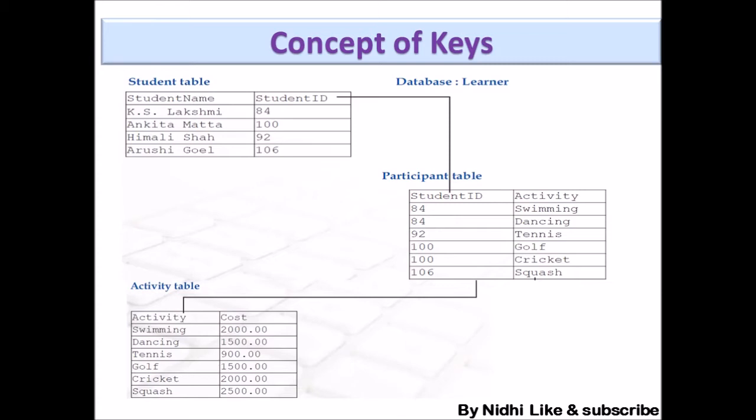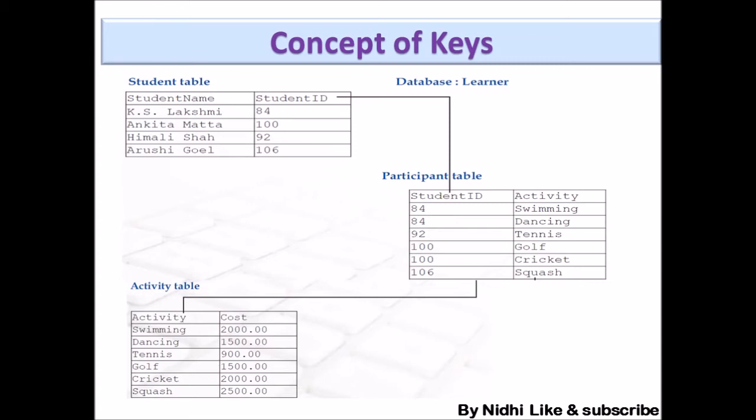Similarly, from these two tables, student and participant, we can say which student with which id is participating in which activity. Now relating all three tables, we can say that KS Lakshmi, whose id is 84, is involved in the activity swimming, and the cost of swimming is 2000 rupees. Like this we can relate the data.